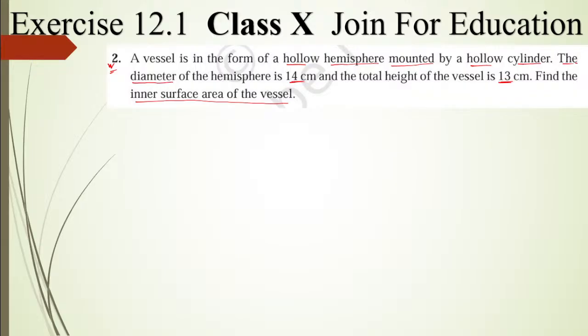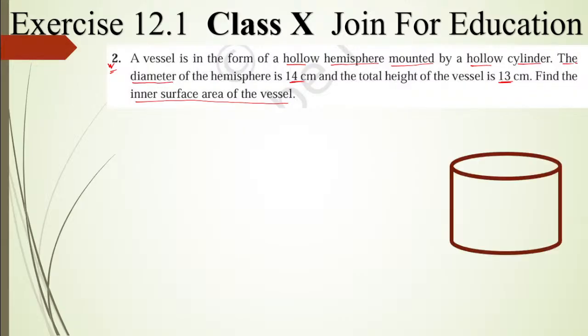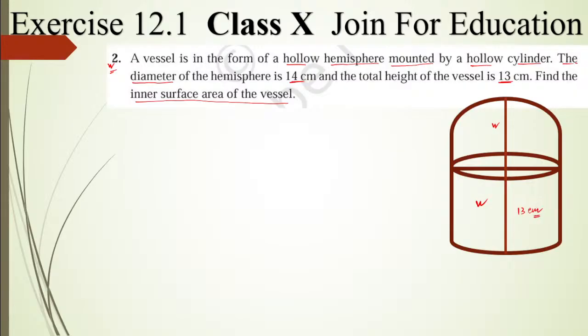To understand and solve the question easily, let's draw a relevant figure. So this is the cylinder and this is the hemisphere, and this is the total height of the vessel, which is 13 centimeter, and the diameter of the hemisphere is 14 centimeter.